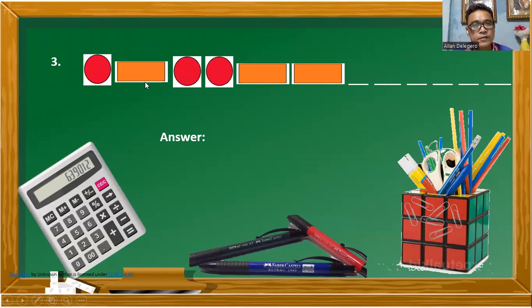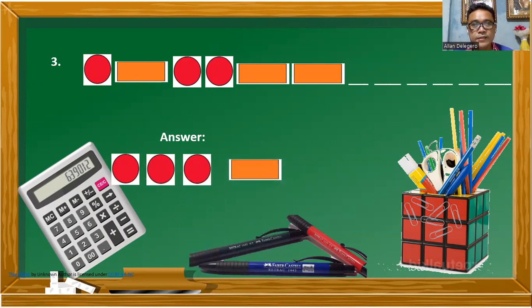Circle, rectangle, then circle, 2 circles and 2 rectangles. So the answer is 3 circles, then how many rectangles? Okay, 3 rectangles.